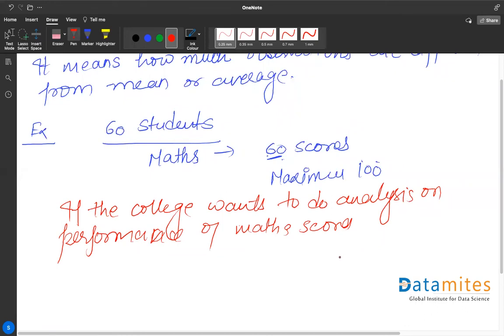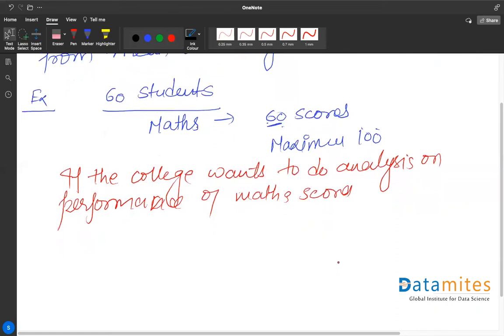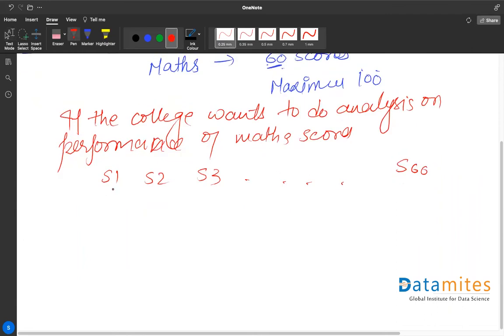So what is that? We need to find out the variance. That means, let's say student 1, student 2, student 3, like that we have student 60. They have scored certain marks.